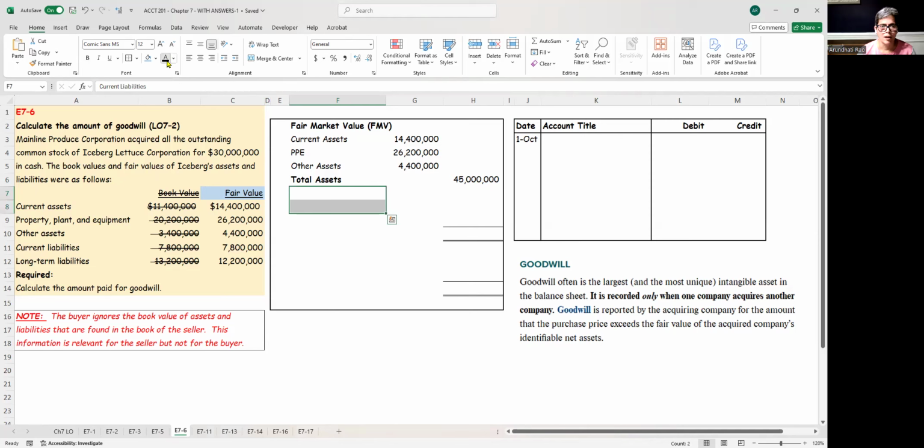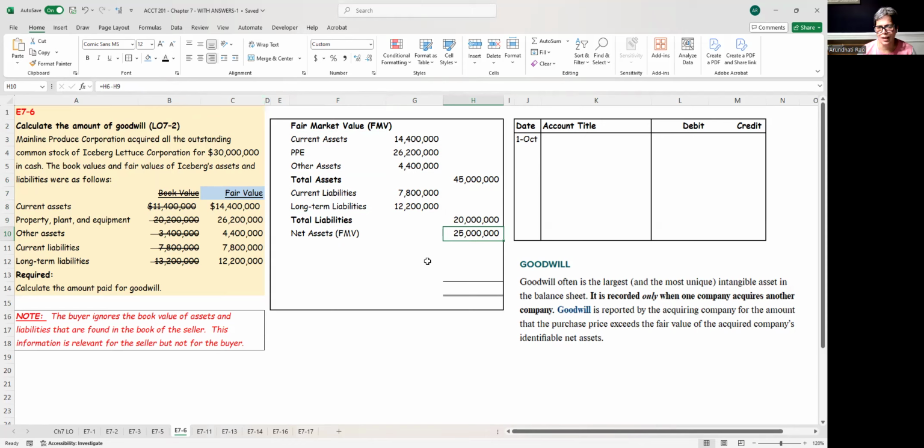So they have current and long-term liabilities. I've taken on those as well. I bring those numbers over here, and that gives me my total liabilities. Total assets minus total liabilities will give me the net assets of the company. Obviously, I'm looking at the fair market value of the net assets, and that is $25 million.